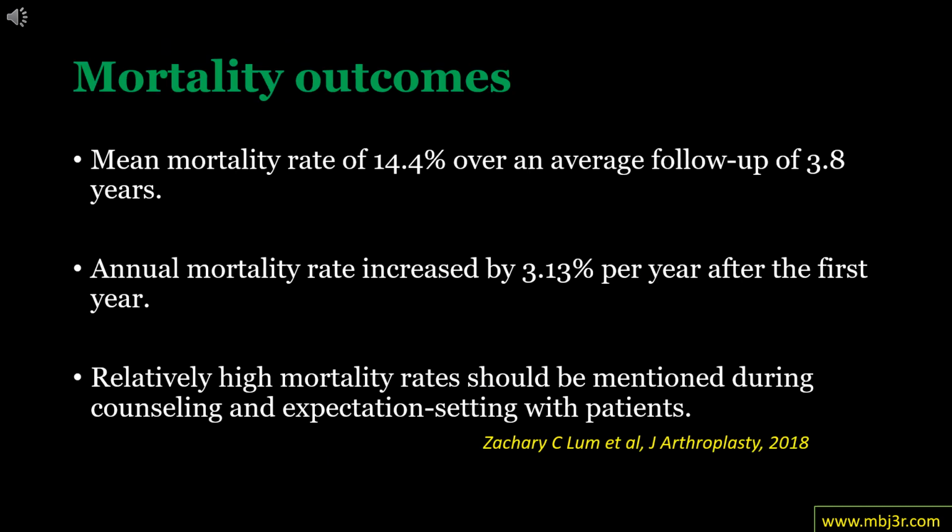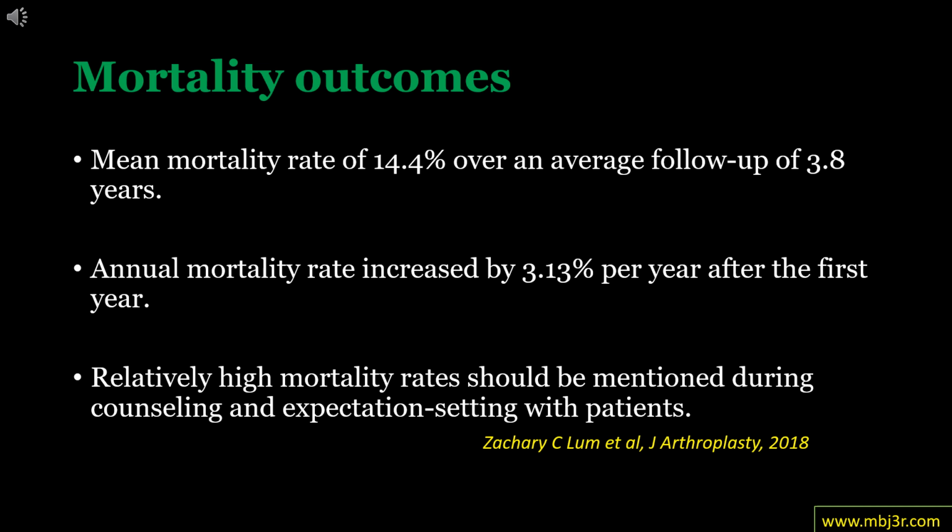Mortality outcomes. The study was published in the Journal of Arthroplasty 2018 on mortality following periprosthetic joint infection. A database study investigating mortality outcomes following two-stage revision analyzed 20,719 patients.